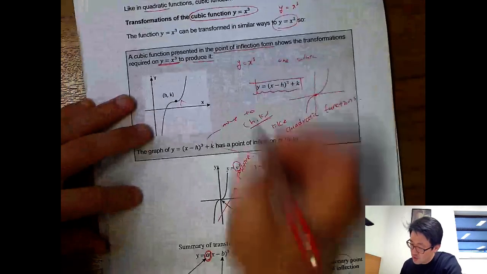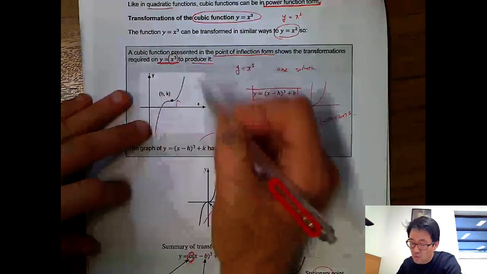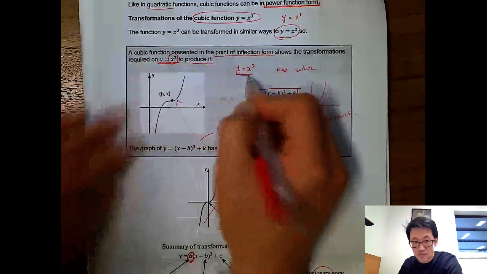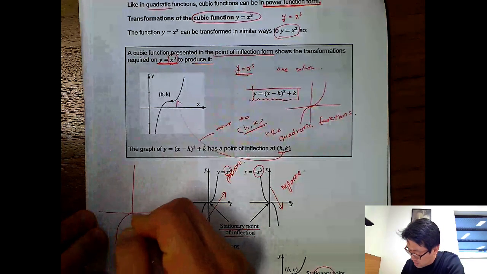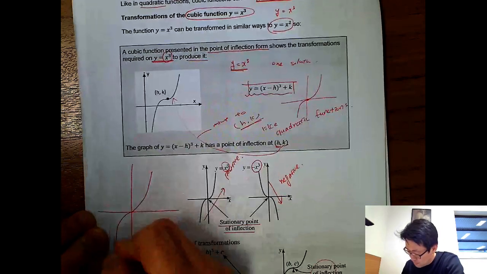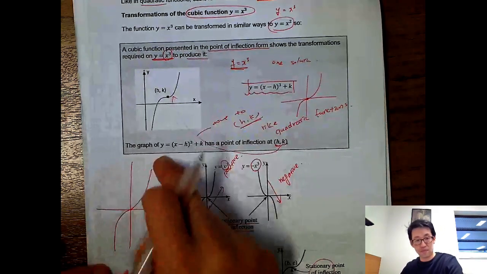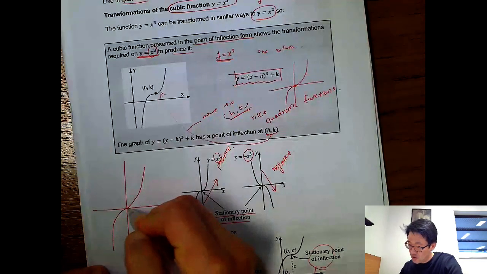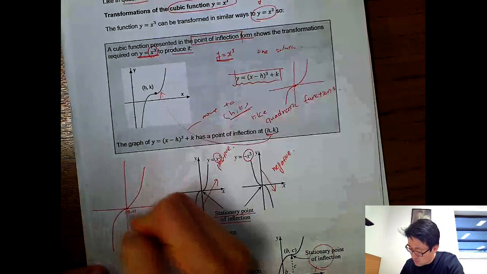Let's go back here. So from that, I know only 1 x-intercept exists. So this will look like this. Positive, going up, and like that. Only 1. There is a point of intersection at 0 and 0.